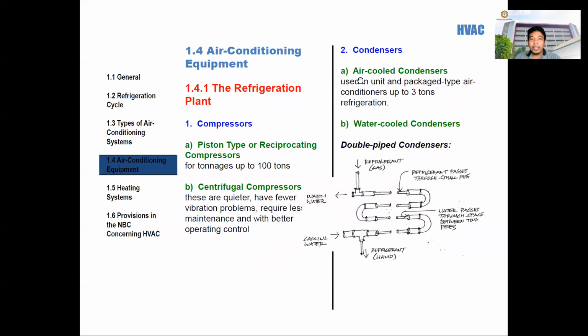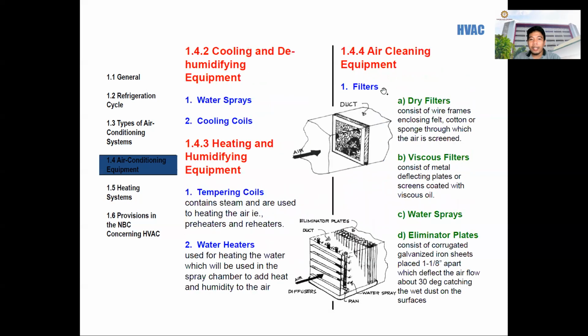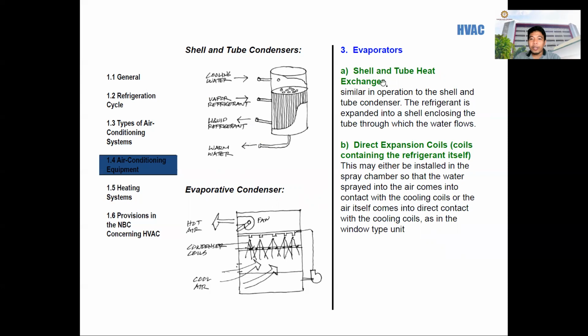And last, for the refrigeration plant, are the evaporators. First, the shell and tube heat exchanger, similar in operation to the shell and tube condenser, where the refrigerant is expanded into a shell enclosing the tubes through which the water flows. And also you have direct expansion coils, or coils containing the refrigerant itself.